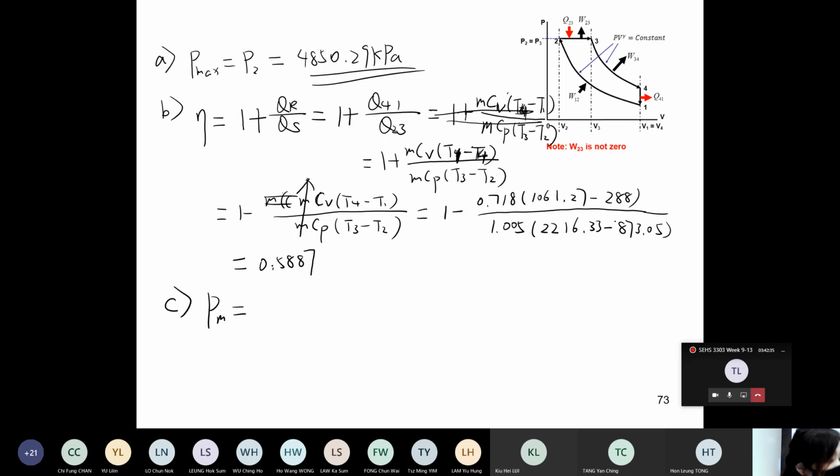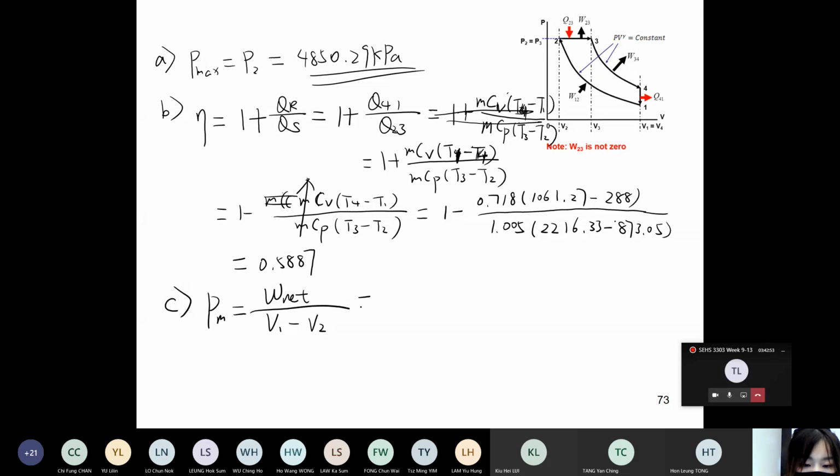PM equals what? The definition: the net work output divided by the swept volume, which should be V1 minus V2.